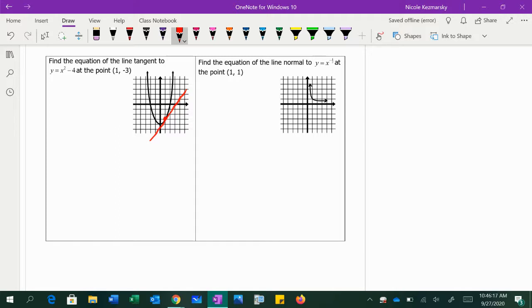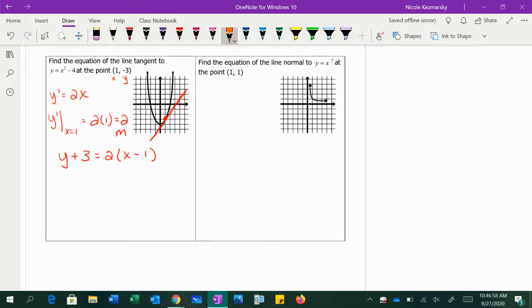So what we've been doing, we've got an x value, we've got a y value, so we don't have to find those. We just need a derivative. So y prime is 2x. Y prime at x equals 1, because that's our x value, is 2 times 1, or 2, and that's our slope. So we're just going to say y minus our y value, which is negative 3, equal to our slope times x minus our x value.